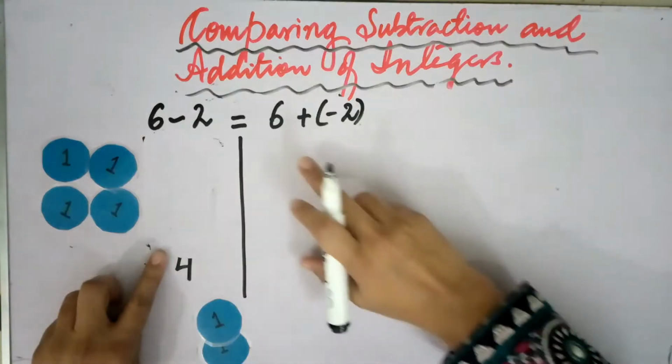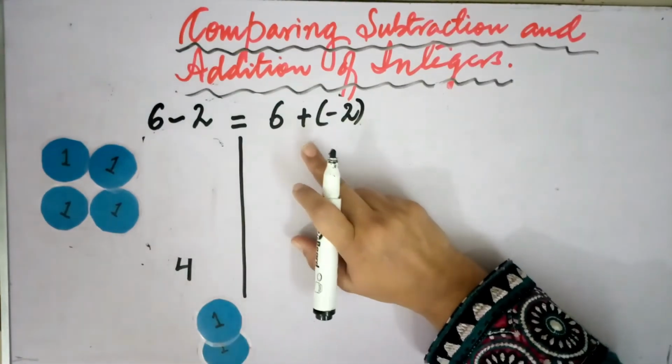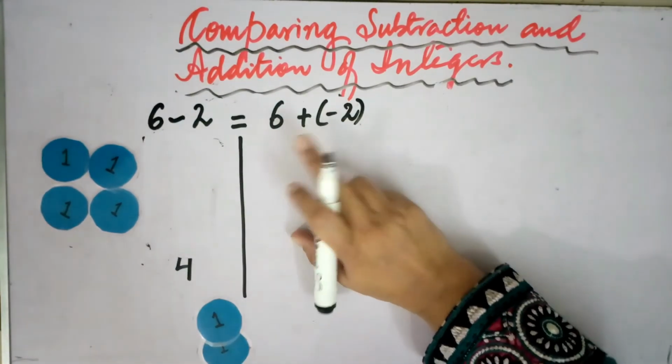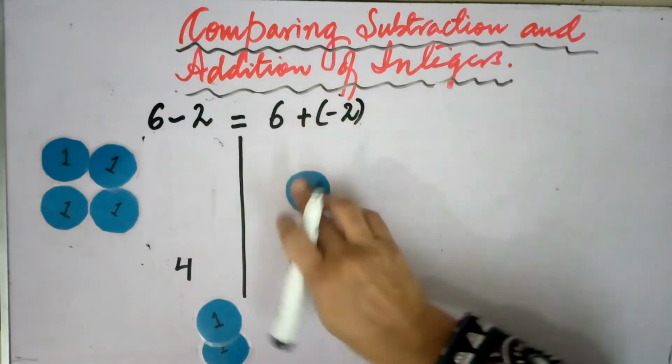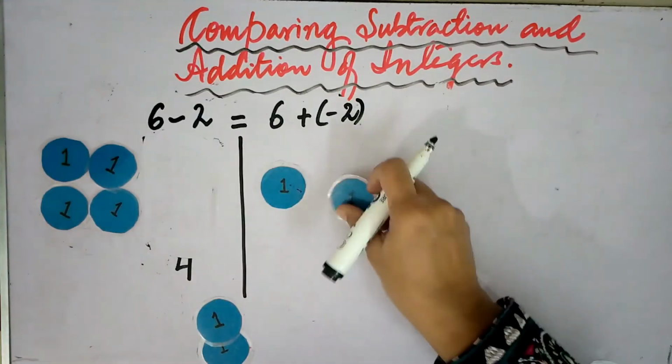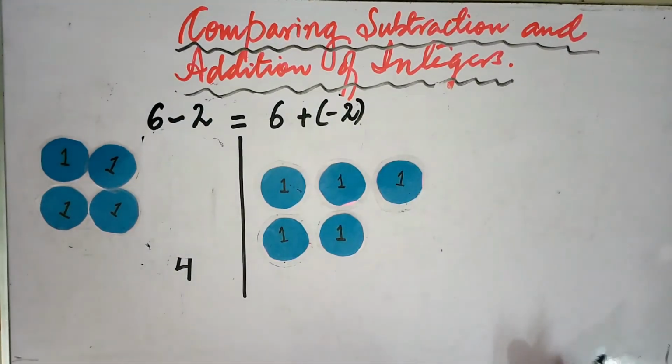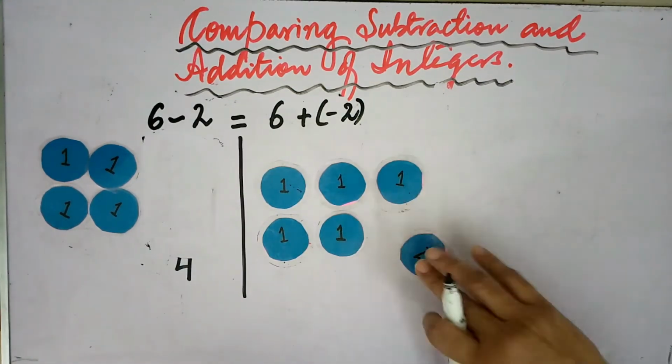Now this is positive 6 and we are going to add negative 2 to positive 6. I will put here positive 6 like this, and now I am going to add negative 2 inside this positive 6.